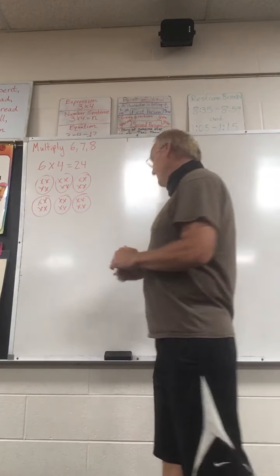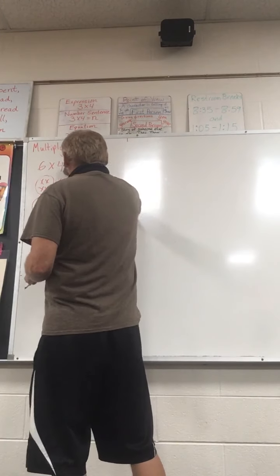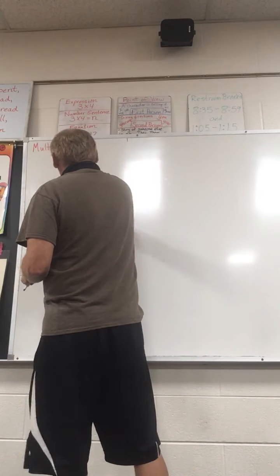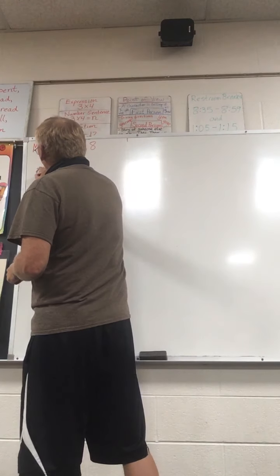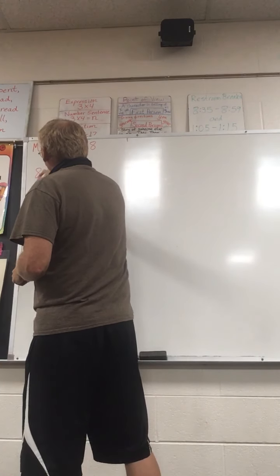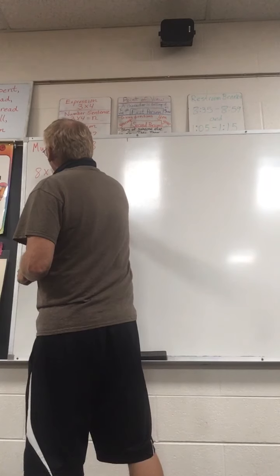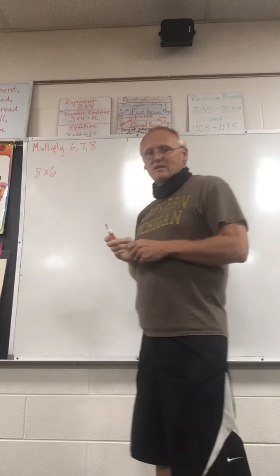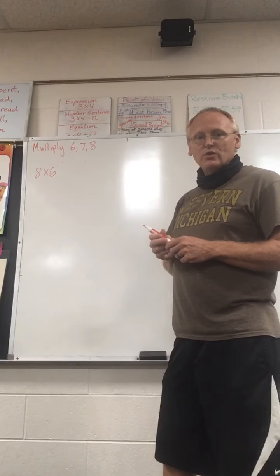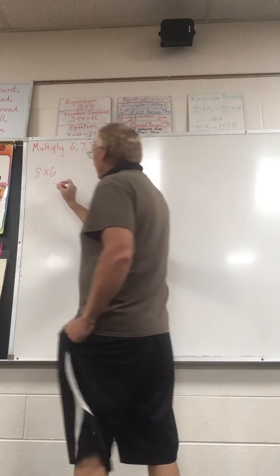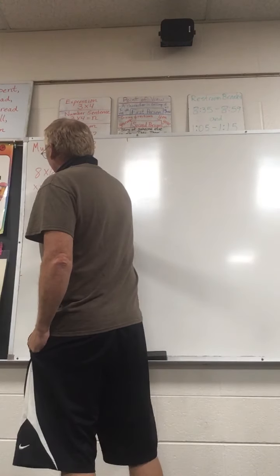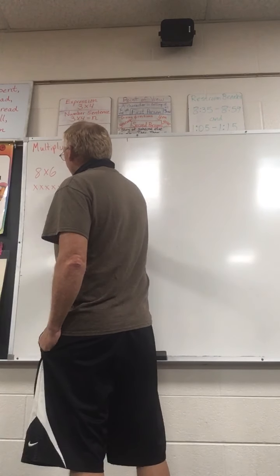Let's do another one. Let's do 8 times 6. And this time we're going to use an array. So we're going to do 8 rows of 6. So 1, 2, 3, 4, 5, 6.